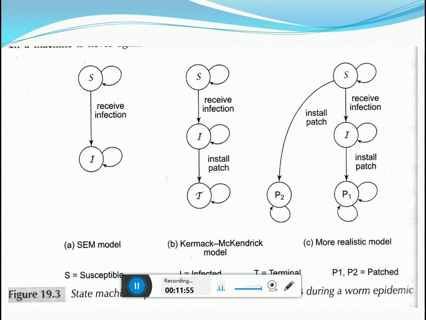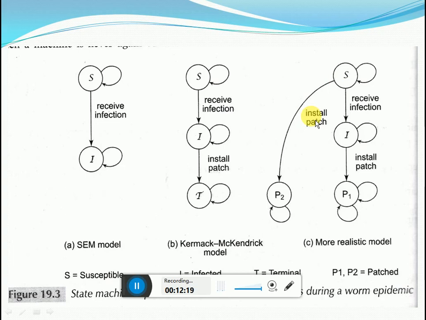But I will talk about one more model that is much more realistic compared to the KM model, which has one more state, the P2 state. There is not much difference between P2 and P1, but in this case P2 are the machines which are patched while they are in a susceptible state.